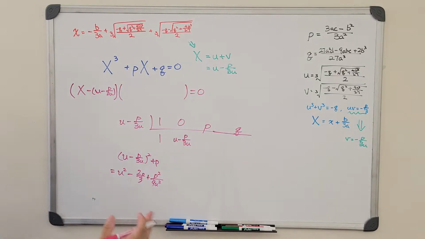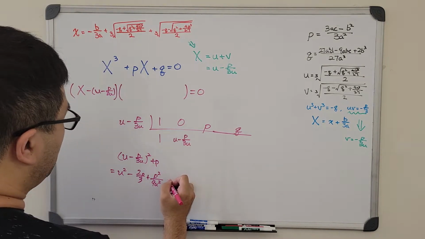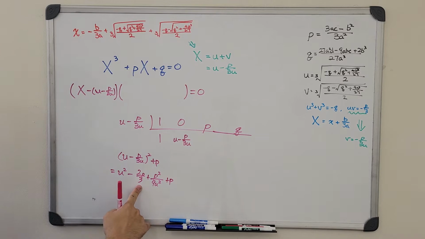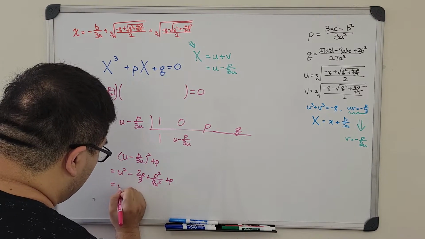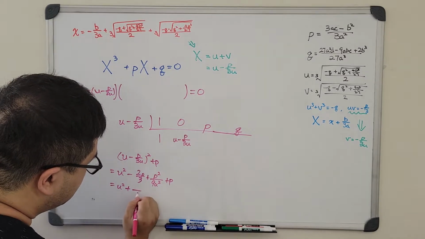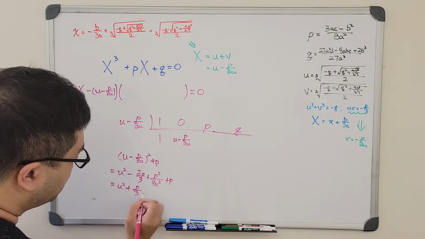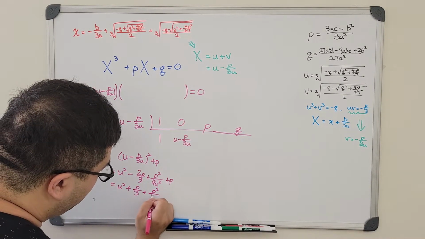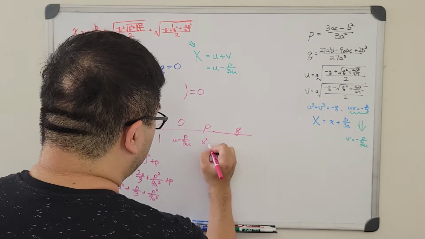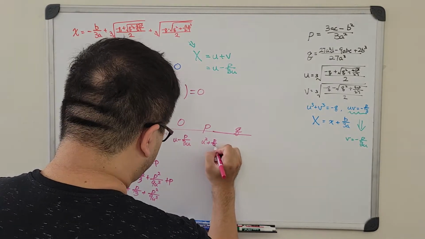So this, we can just combine with the middle term and that tells us that we have u squared plus p over 3 plus p squared over 9u squared. Good. So here we get our constant term.